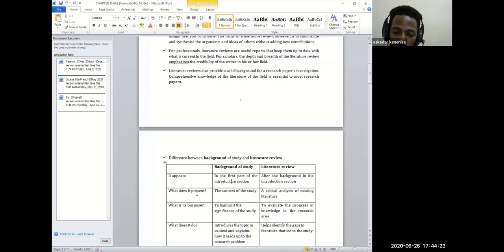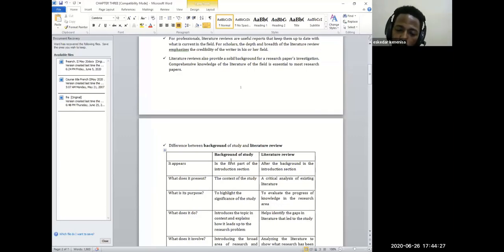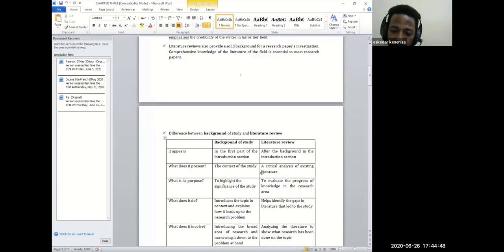The content: what does it present? One of the issues of the background is to show the context of your study, while the literature review is a critical analysis of the previous works, or the scholarly works that came before you.